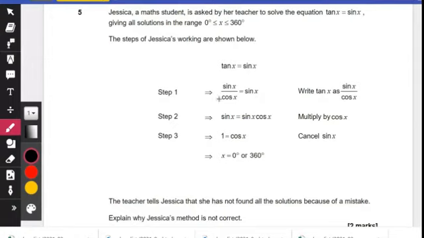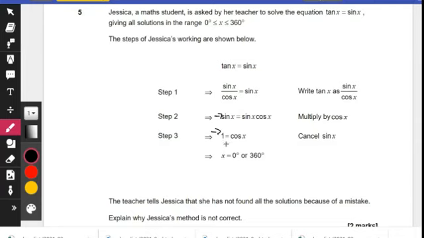So we've got these steps, and the problem with what this person has done is that from going from this point to this point, they've divided by sin x. And you can't divide by sin x because there's a potential for it to be equal to 0.